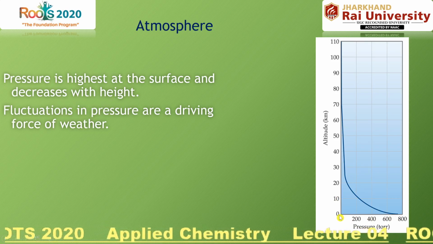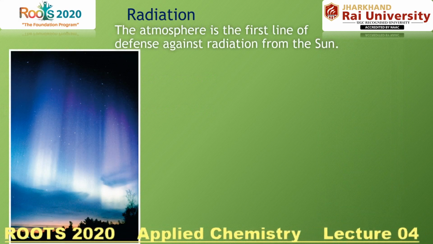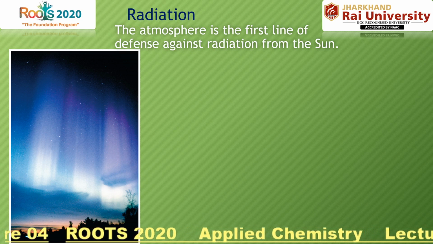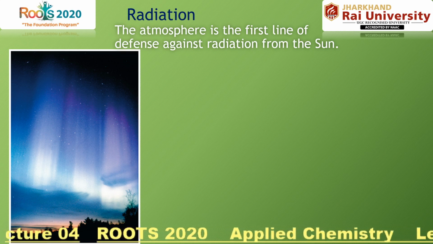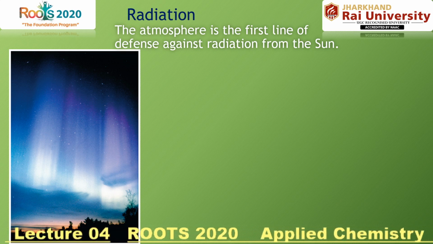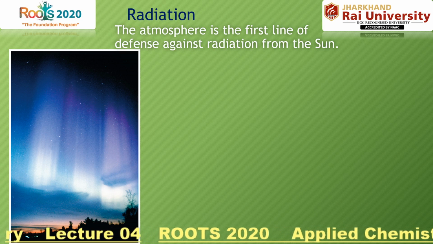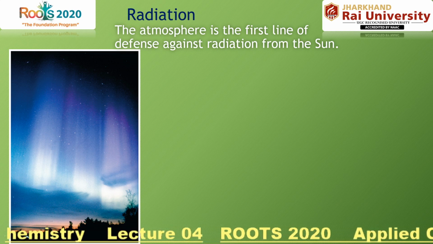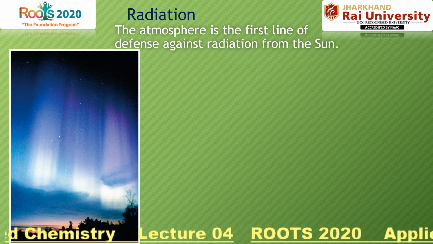Now the radiation. The atmosphere is the first line of defense against radiation from the sun. The sun is the solar energy, and it is the main source of energy to human beings. As we know, for photosynthesis the solar light is very important.